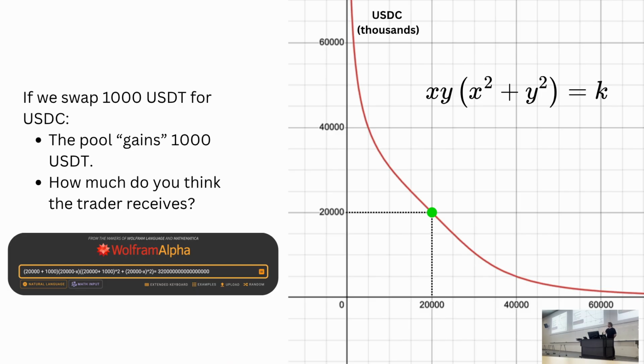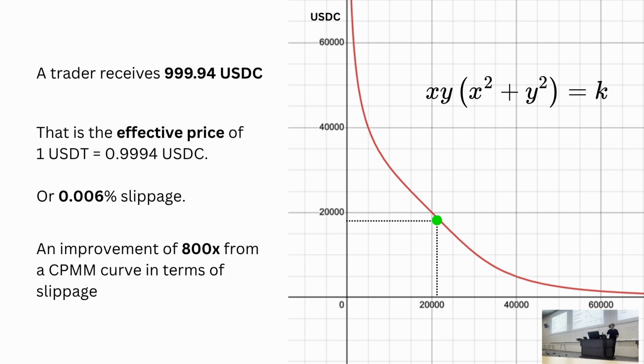You're giving 1,000 USDT. Just to eyeball it, what do people think is the amount you're going to receive in USDC for that curve? No right answer, of course. Oh, there is, but it's like 1,000. Not exactly, but it's approximately linear. You're right. It's really close to 1,000. It's going to be this much, 999.94. So the slippage is that number, very small.